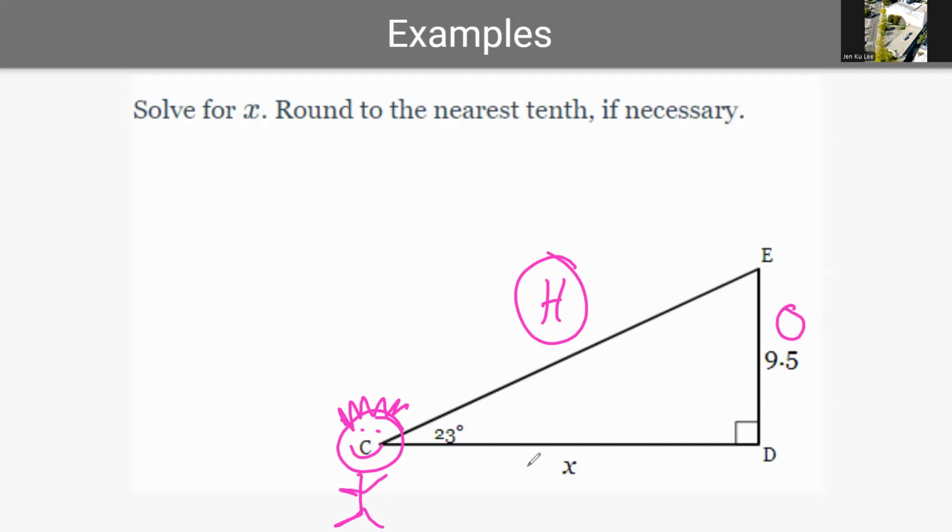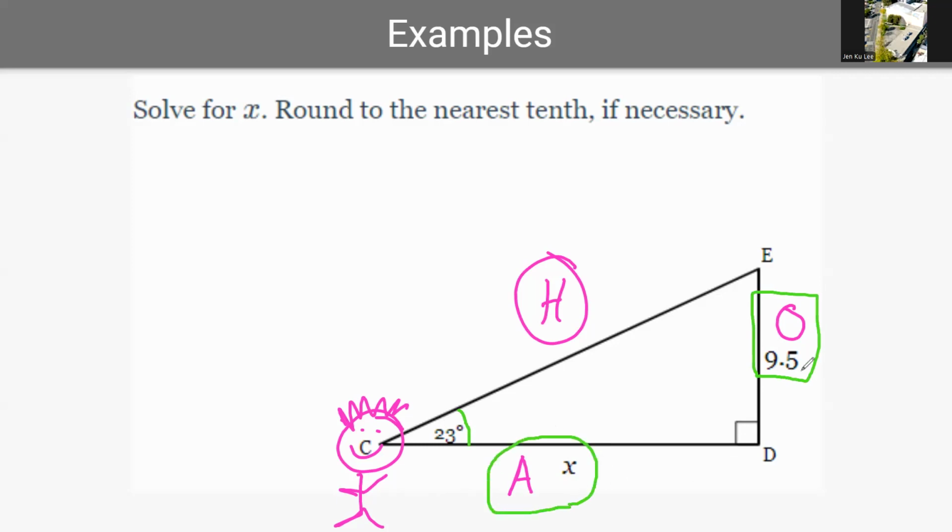And right next to it is my adjacent side. Okay. And here is the new part that we're learning. I have 23 degrees, so I'm using it, right? I have 9.5, that's my O. And I want to figure out what x is, and that's my A.